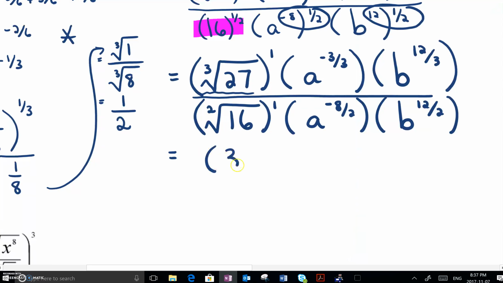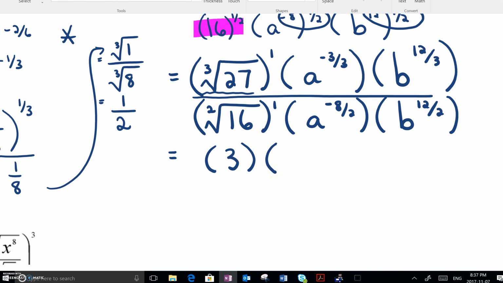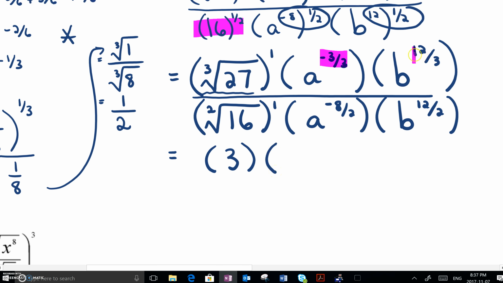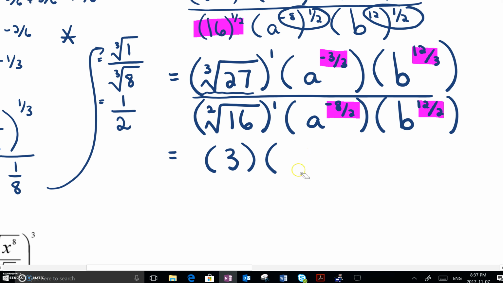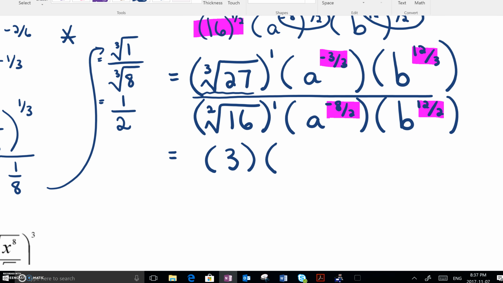So I put a 3 in a bracket up here. I'm going to simplify my exponents. So I'm going to go ahead and simplify this one, that one, that one, and that one. Okay. So a to the power of negative 3 over 3 is going to turn into a to the power of negative 1.